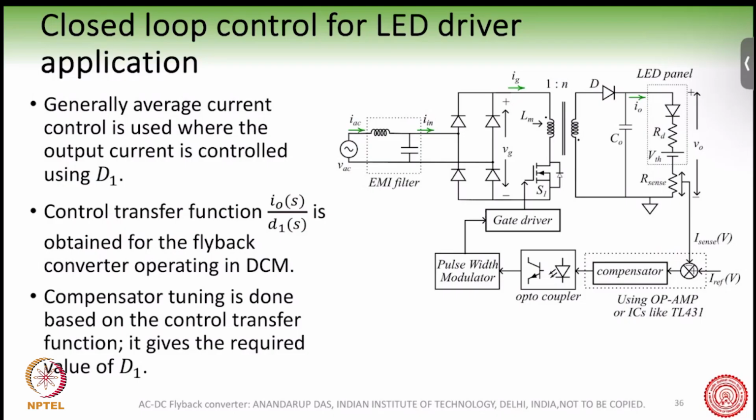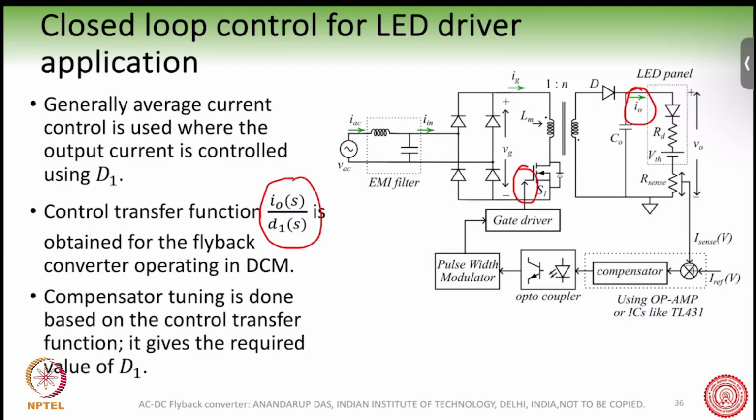So what we do here is that we actually control this output current. We first find out the variation of this output current with respect to the duty ratio that we are applying here. How does I0 vary when we apply this D1? And that gives us the plant transfer function.